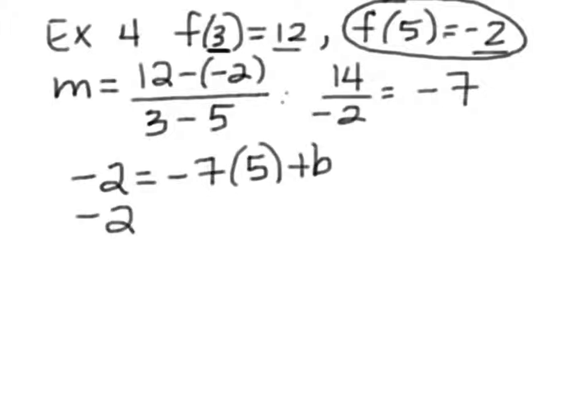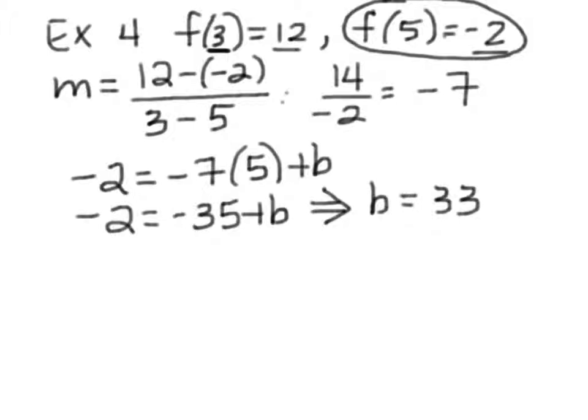So negative 2 is equal to negative 35 plus b. And since I'm running out of space, I'm going to go over here. b is equal to 33. I've found my m, I found my b. All I need to do is plug it into my formula. So f of x is equal to negative 7x plus 33.